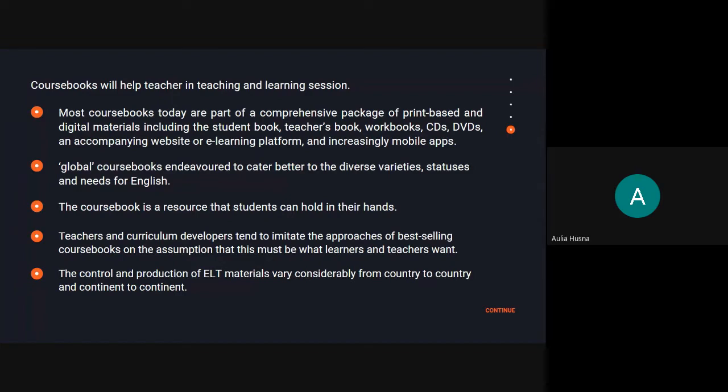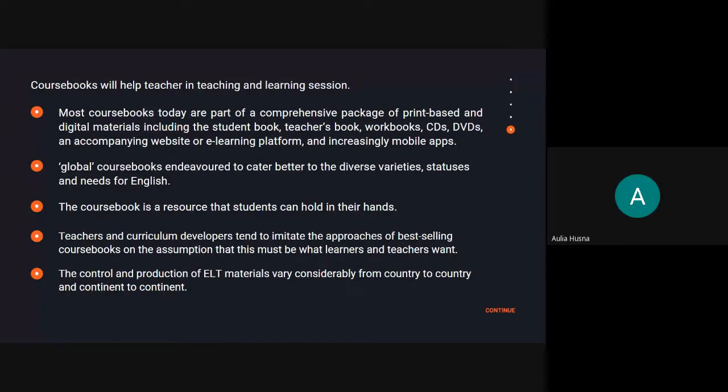Global coursebooks are an effort to cater better to the diverse varieties, status, and needs for English. The coursebook is a resource that students can hold in their hands.